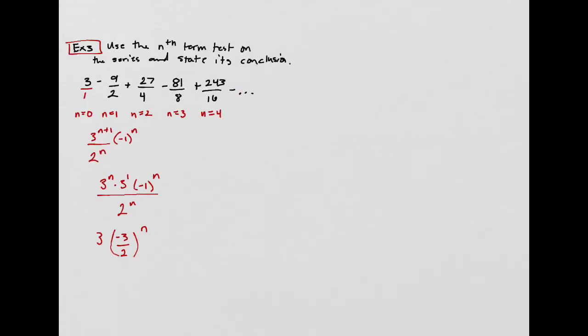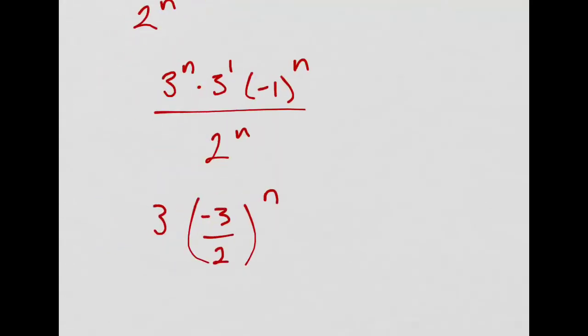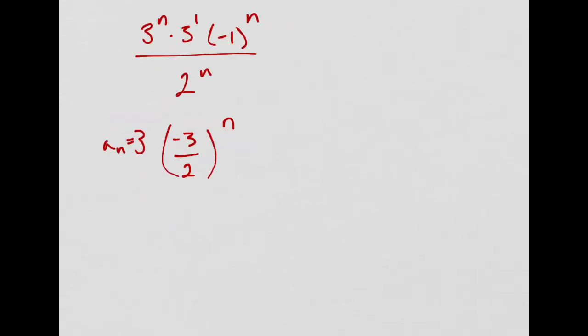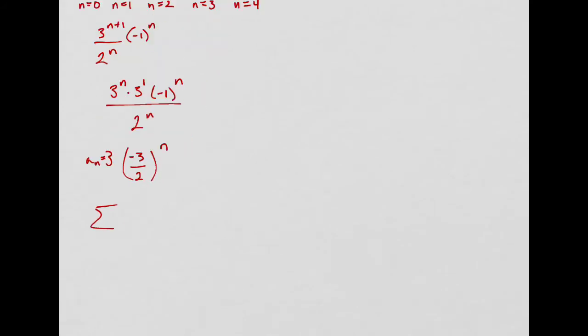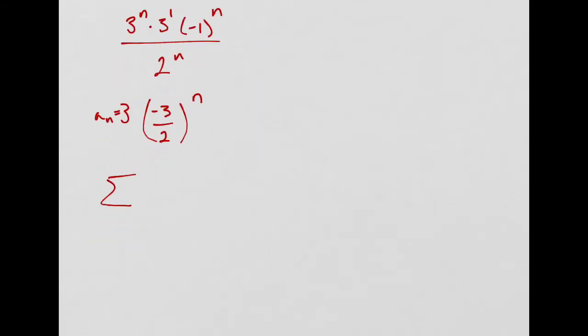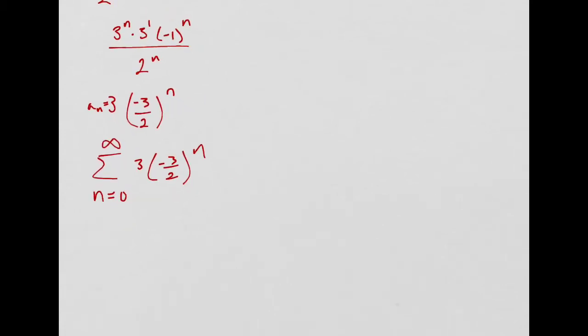I have my a sub n now. I could actually rewrite this summation as the sum n equals 0 to infinity of 3 times -3 over 2 to the n.